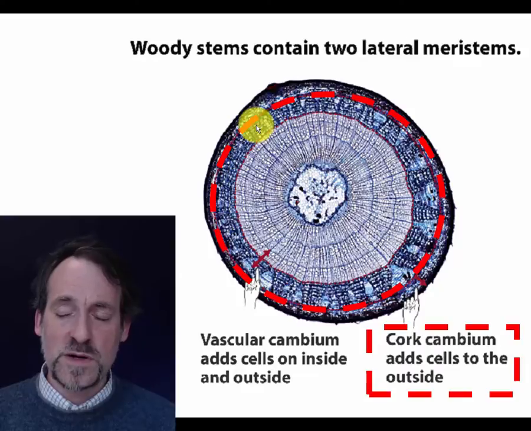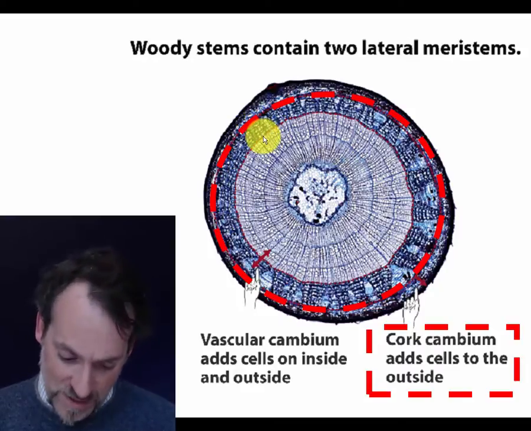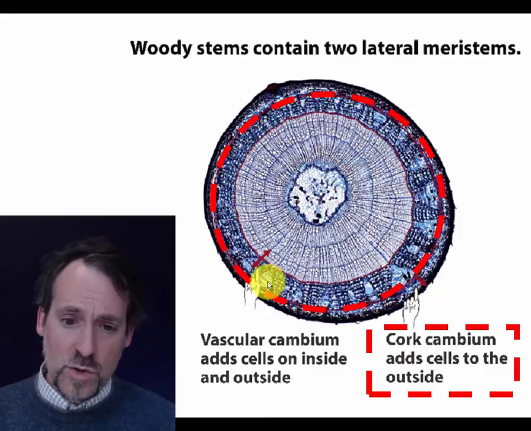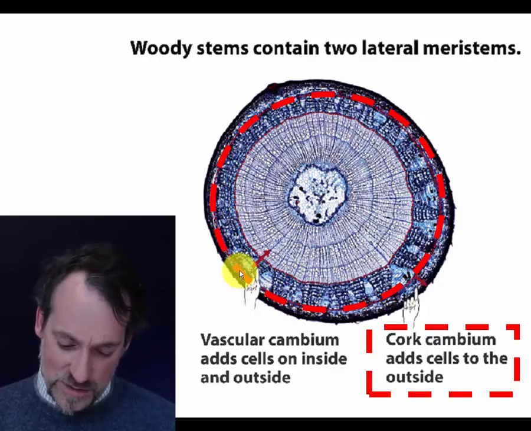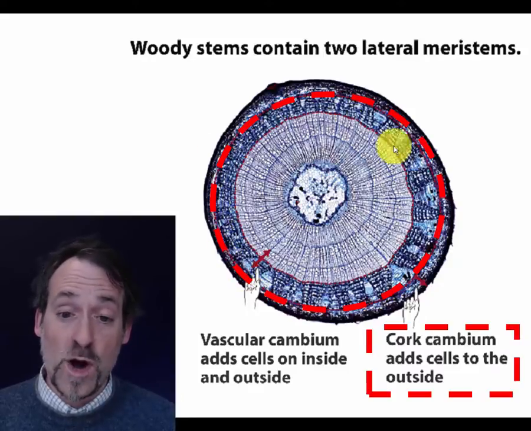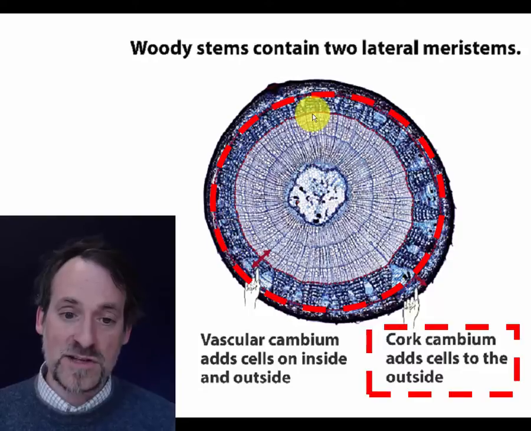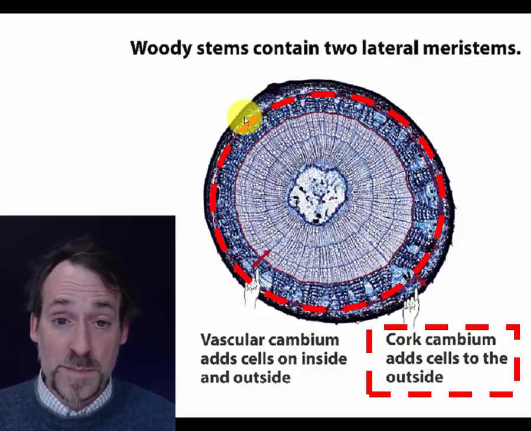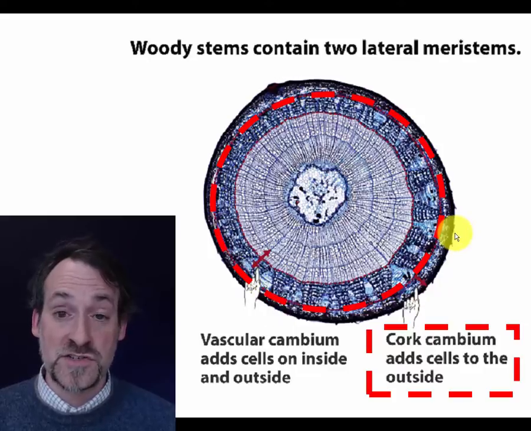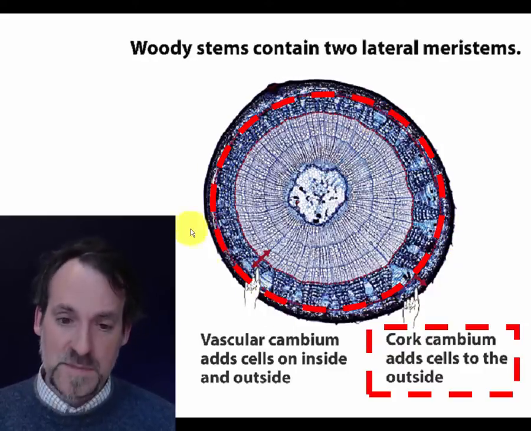Between these two, this is where the bark of a plant is found. The cork cambium is responsible for laying down cork cells and waterproofing the outside of the plant. It may also lay down lignin for structural support, but its main purpose is to make sure that this plant does not lose water through the outside of the shoot.